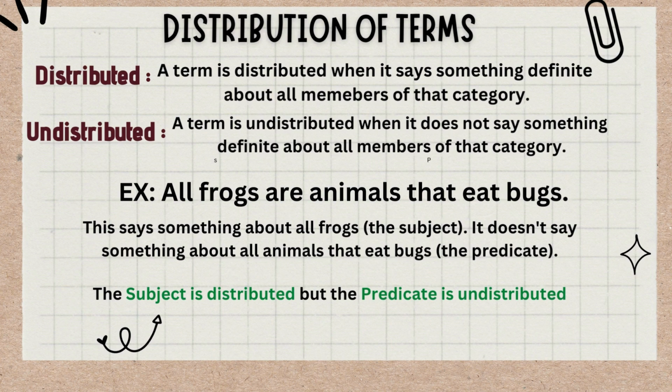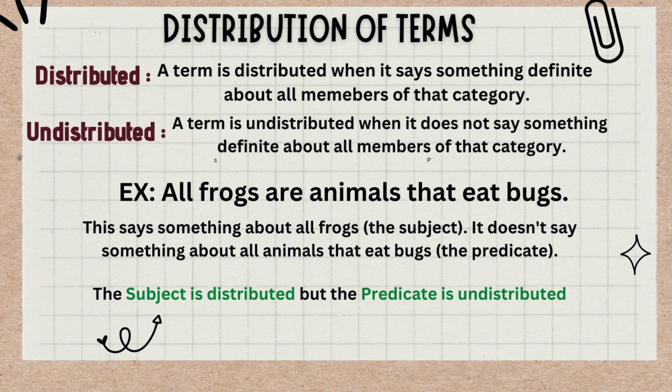What they are trying to say is all. The word all means it speaks of all frogs in the frog category, whereas animals and bugs don't have an all, which means it is not pointing out something definite about all members of animals or bugs.